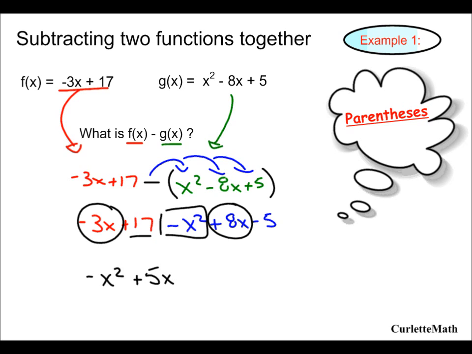A 17 minus 5 gives me a positive 12. So here my f of x minus g of x is going to equal my new function of negative x squared plus 5x plus 12.